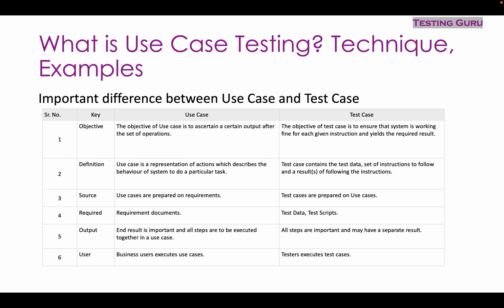Coming to the definition, a use case represents actions which describe the behavior of the system to do a particular task, whereas a test case contains test data or a set of instructions to follow and the results following the instructions. So this is the difference between the use case and test case.